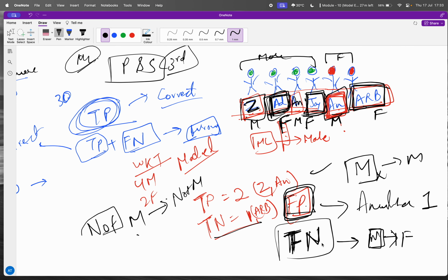Are you getting my point? Like, that person was having heart disease but telling he is not having heart disease. Like, that person was male but telling he is not male. How many are there? Two, Aditya and Jayesh.